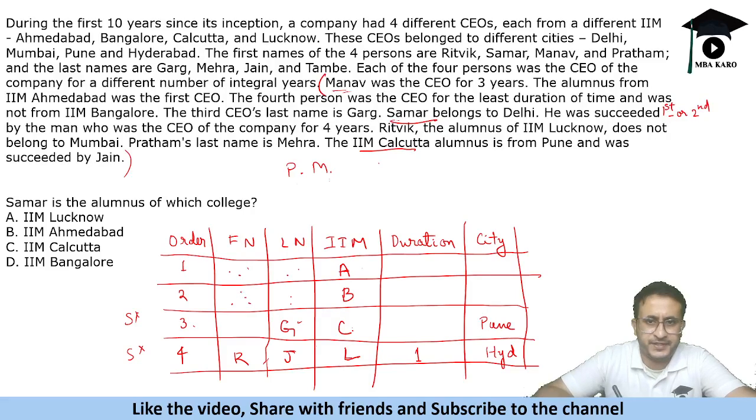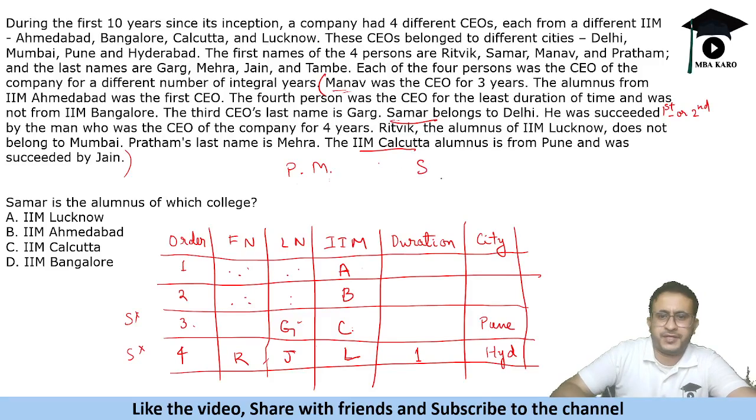So after Samar the 4 years person will come, and Manav is of 3 years. So after Samar we cannot have Manav because Manav is for 3 years. So after Samar we will have Pratham. So Pratham is 4, Manav is 3.